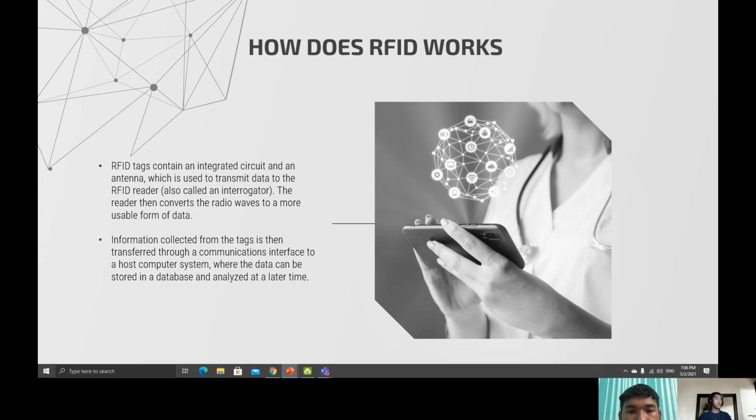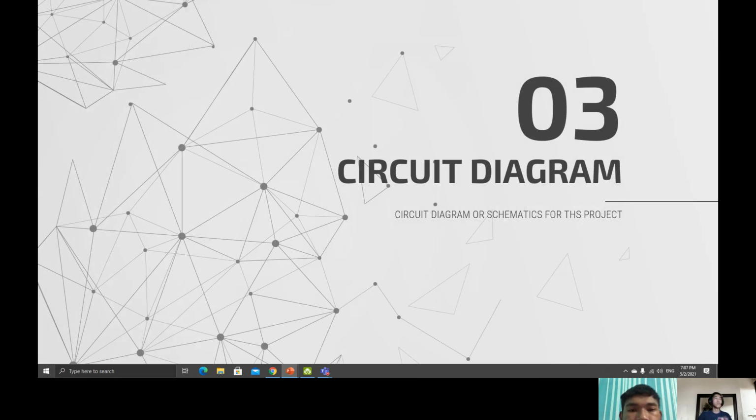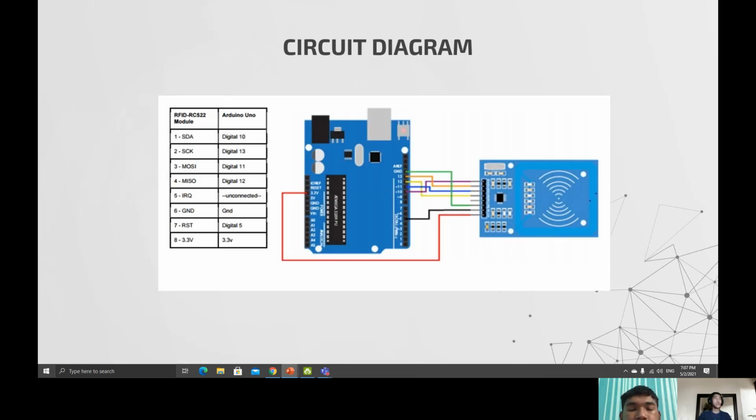Information collected from the tags is then transferred through the communication interface to a host computer system where the data can be stored in the database and analyzed at a later time. This is a circuit diagram of our group project.